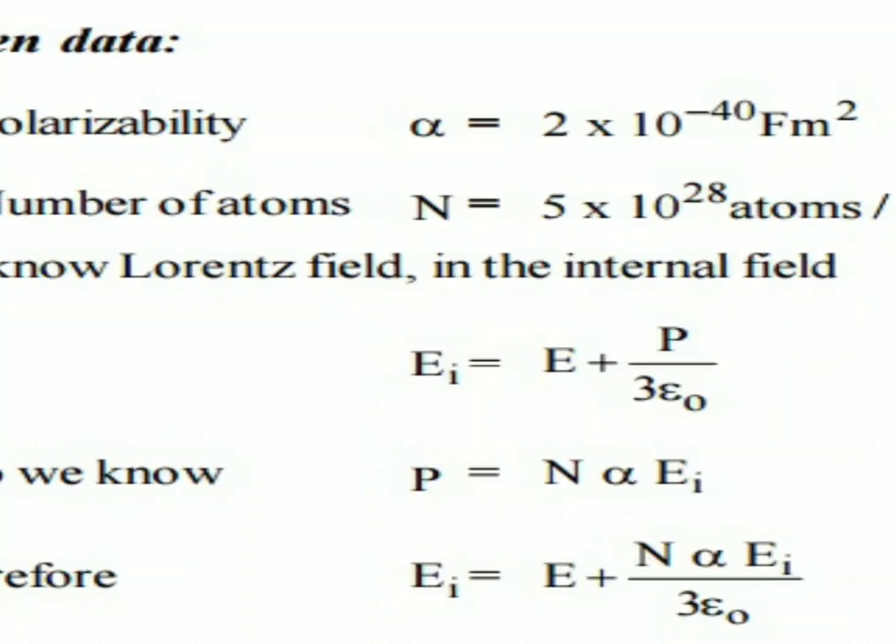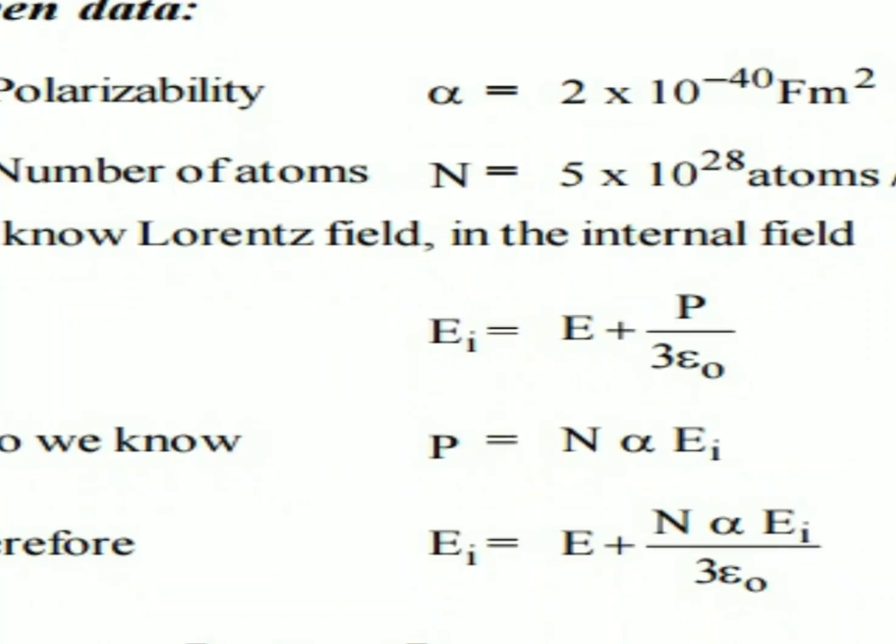We know that in the Lorentz field, the internal field expression is EI is equal to E plus P by 3 epsilon naught, and the polarization formula is P equals N alpha EI. Now substitute the polarization formula P in this equation.